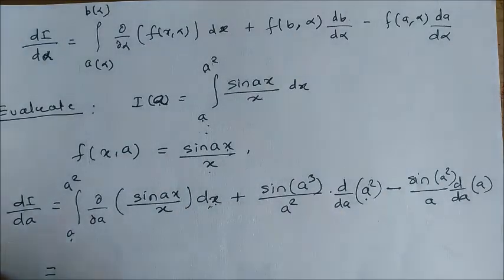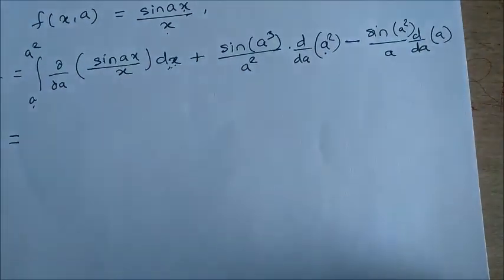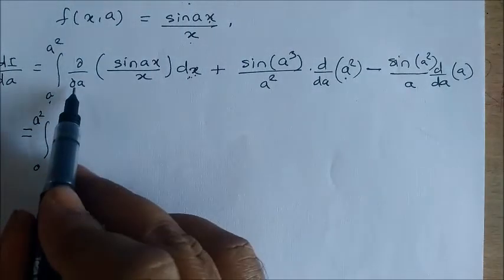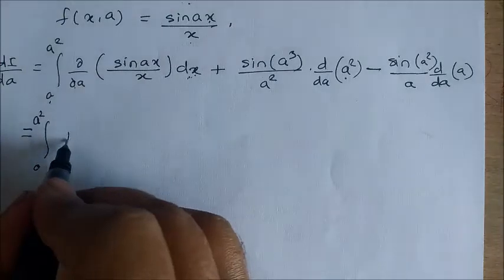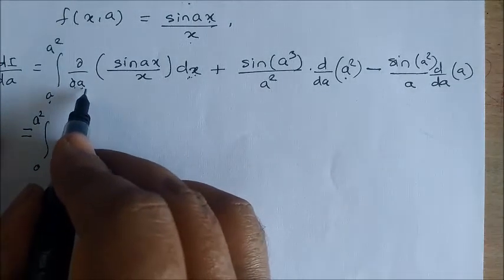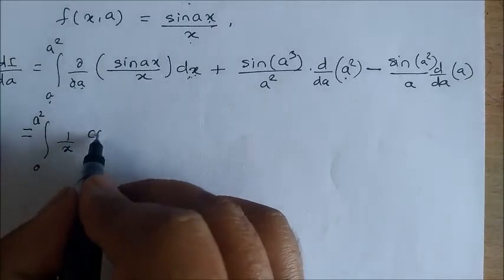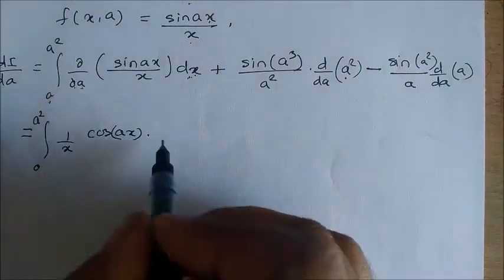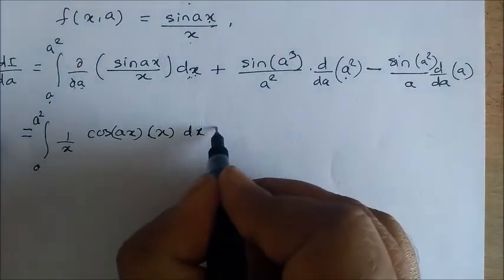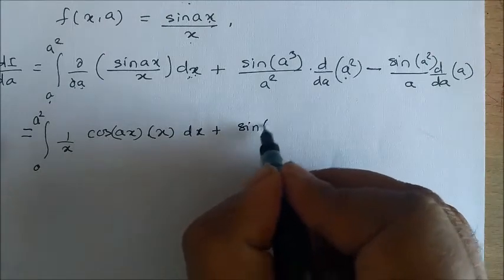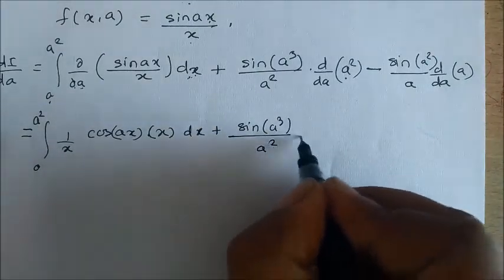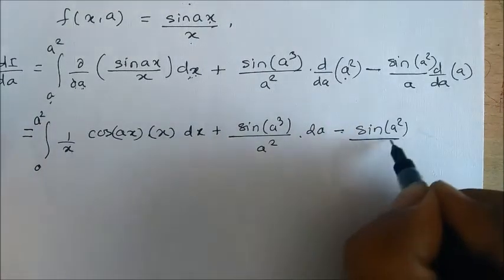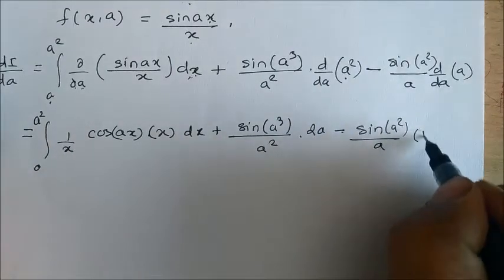Okay, so let us simplify this further. Now what we will have is the integral from a to a². Let me take the partial derivative of this. So 1/x will be outside since it is with respect to a. Derivative of sin is cos(ax) as it is, into the derivative of ax with respect to a, which is x, dx, plus, now here I have sin(a³)/a² into 2a, minus sin(a²)/a into 1.